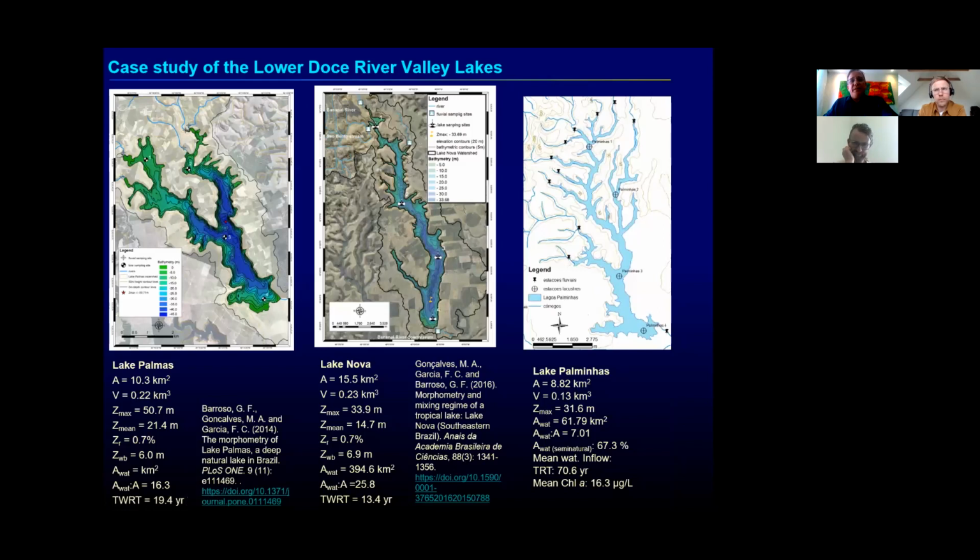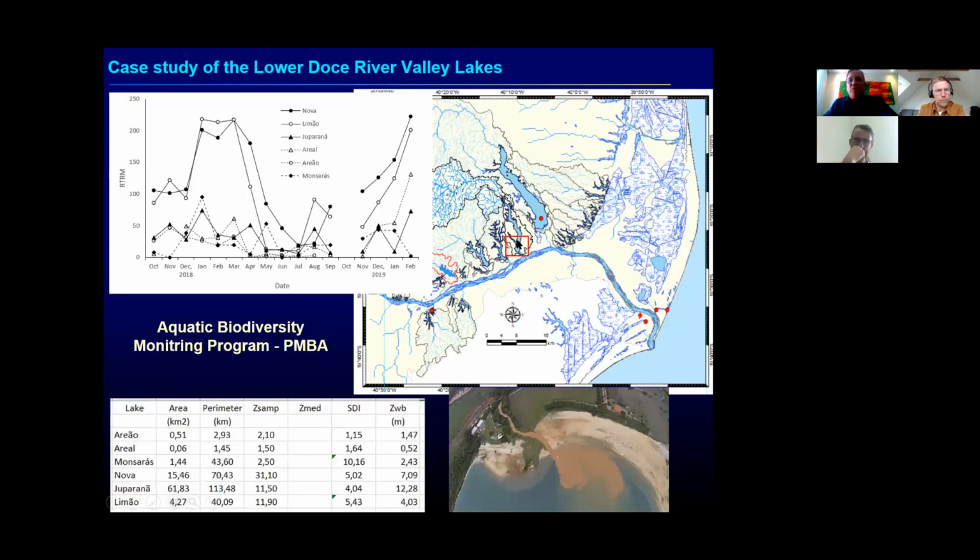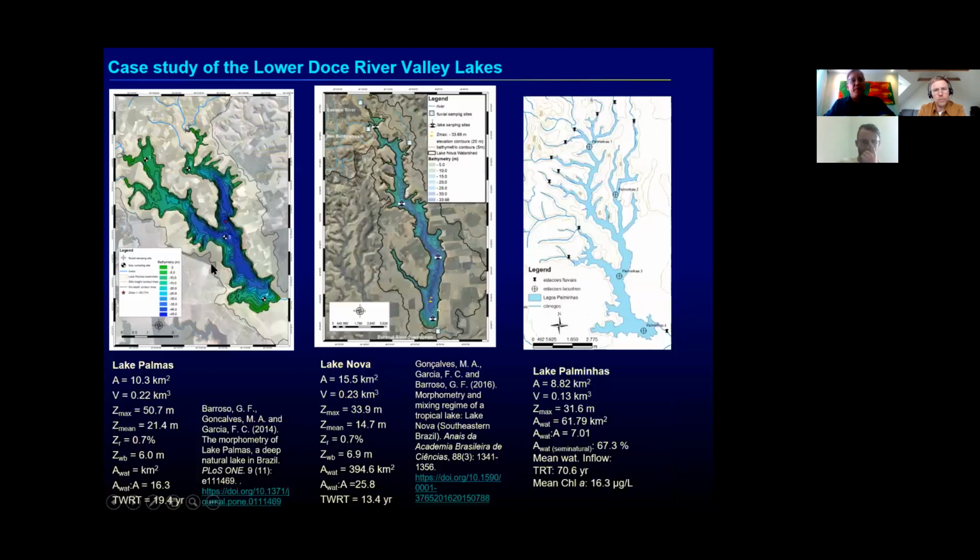Three of these lakes, Nova, Palmas, and Palminas, are alluvial lakes that we had worked on several times previous to this monitoring program. In Lake Palmas, we have found depths of about 50 meters maximum.